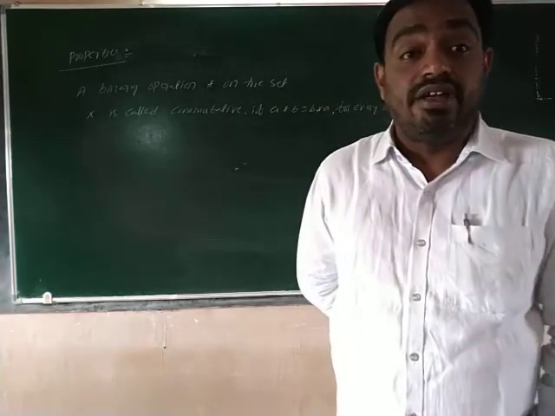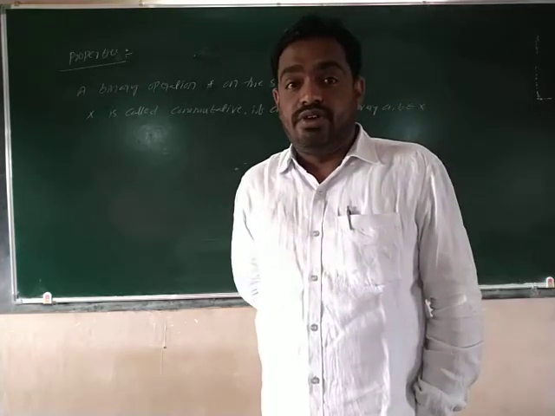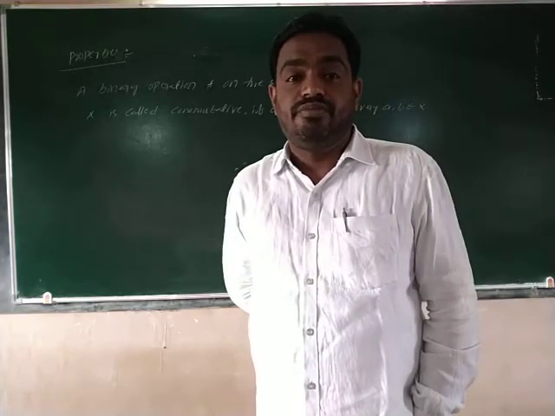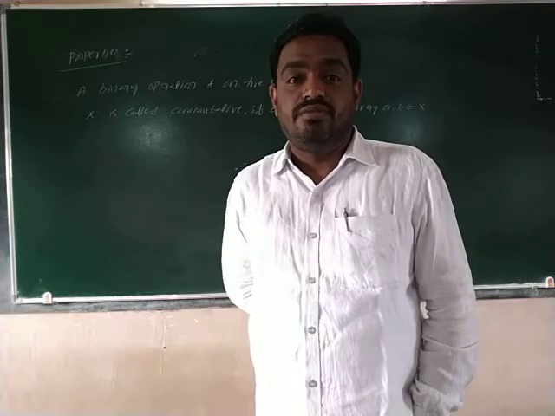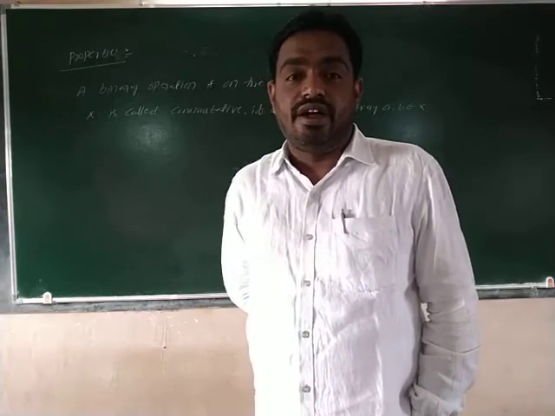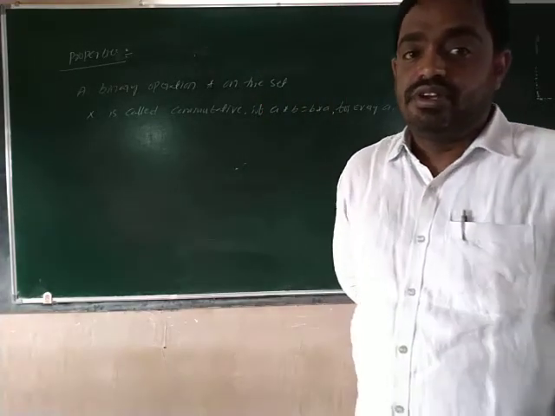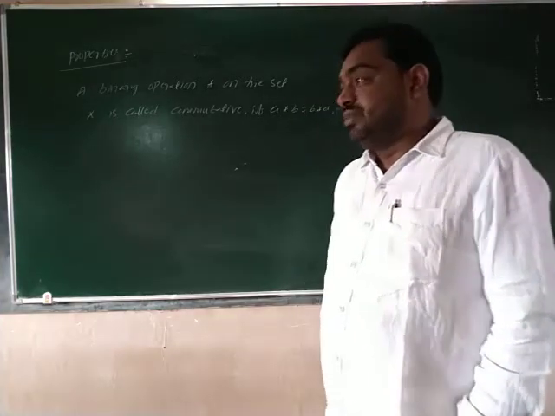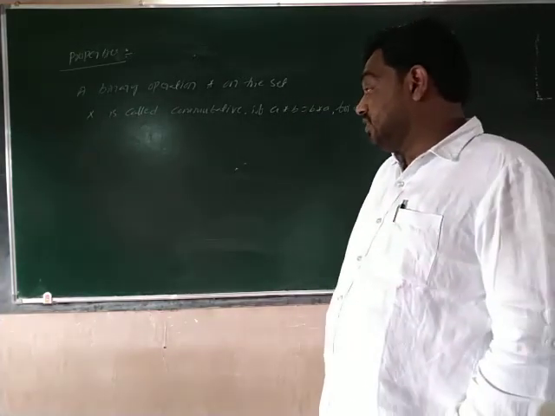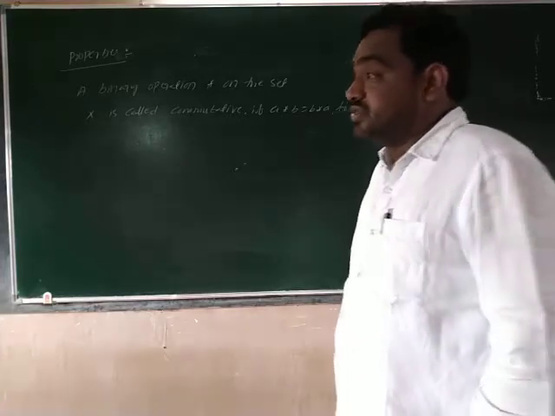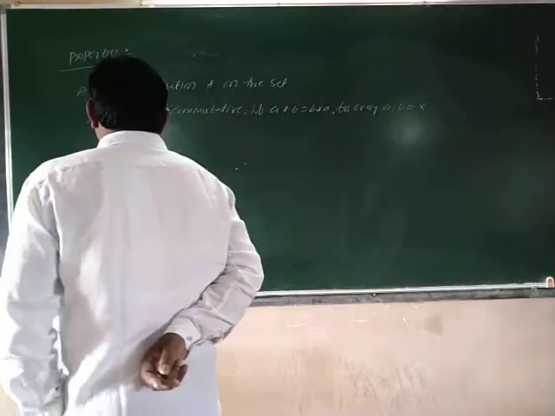At the same time, the binary operation definition also: define binary operation, give one example. That is a 1 mark question. It is important, and in previous papers they gave those questions.